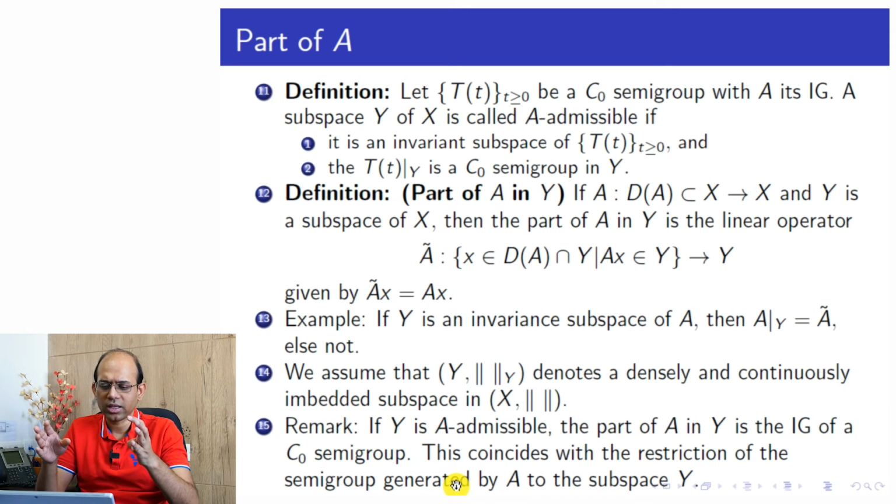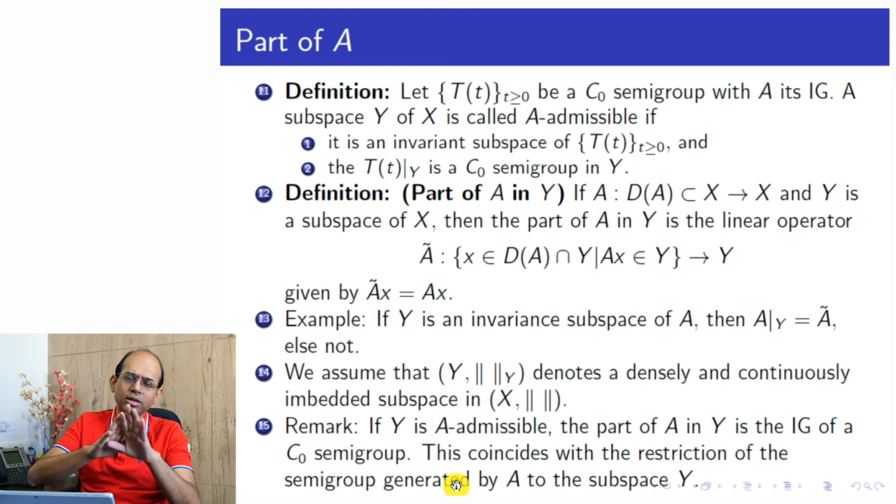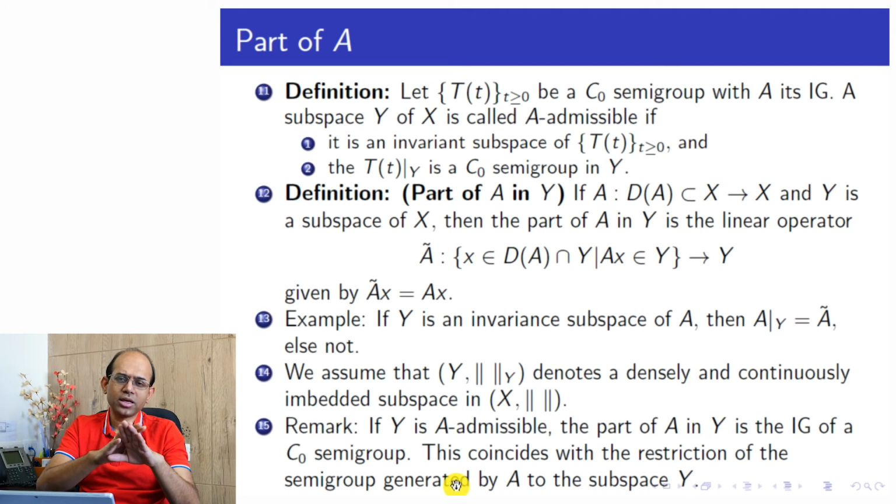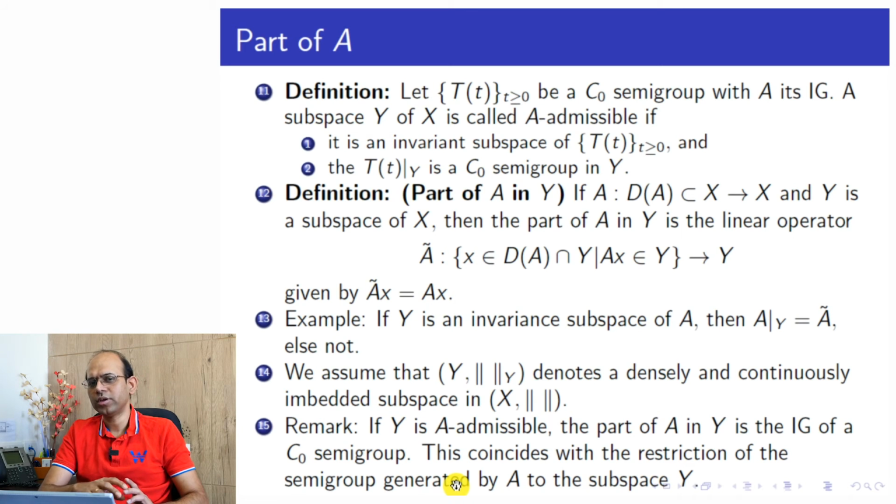If I have the operator A on the domain of A in the Banach space X, and A generates a C0 semigroup T(t), and from this A with the given Y we can get the part of A, which is an operator, from that I can also get another semigroup generated by this operator.